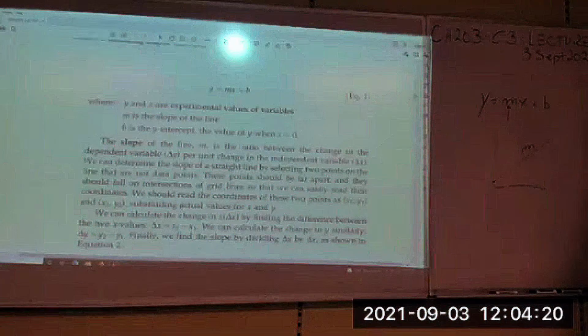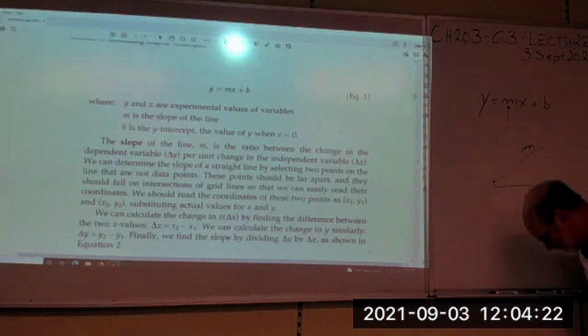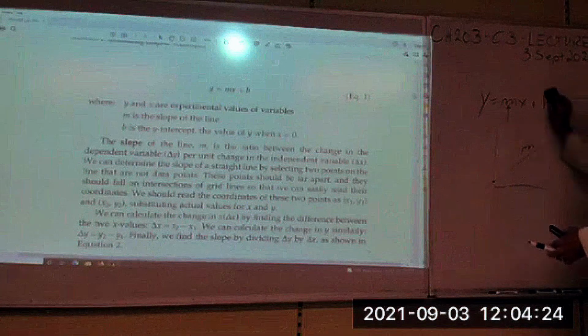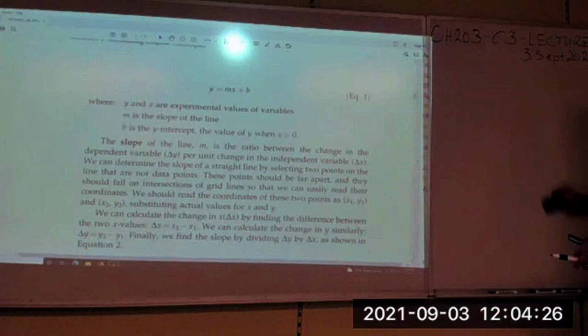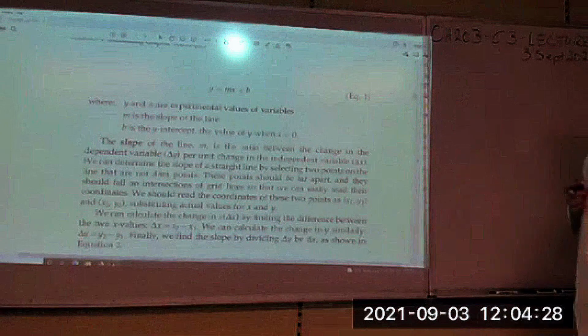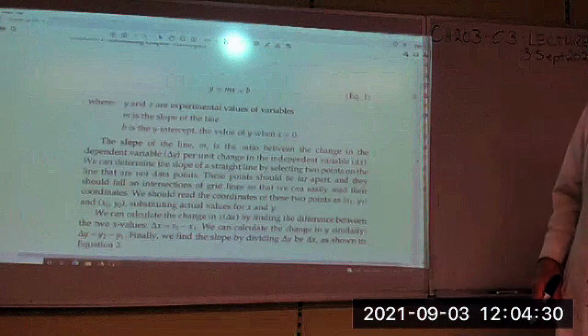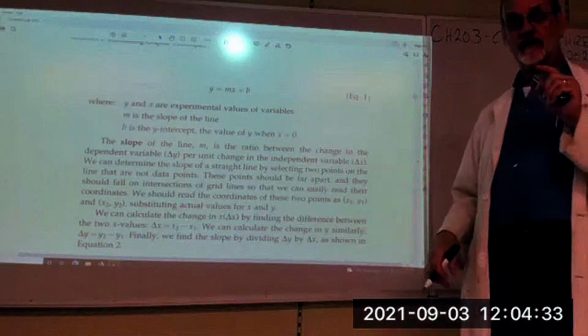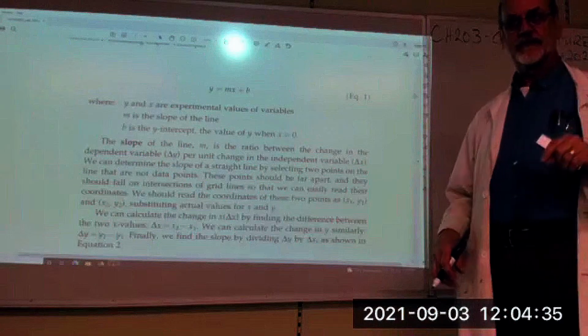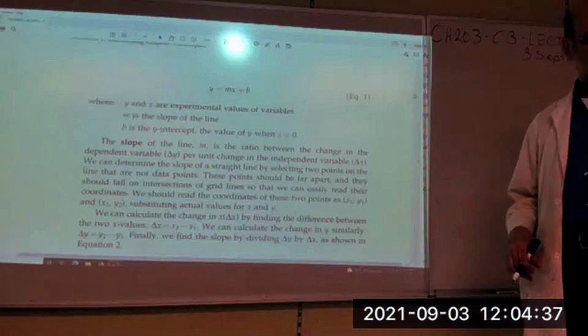And there you got your y-intercept. Okay. I think there's at least one example in there of writing the straight line formula in those terms. Y equals mx plus b.